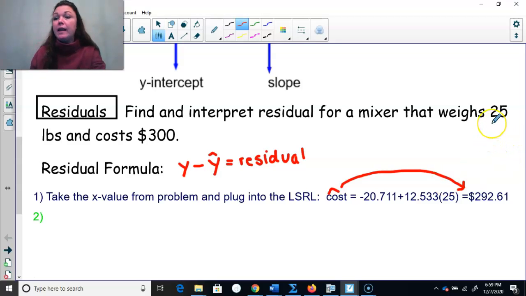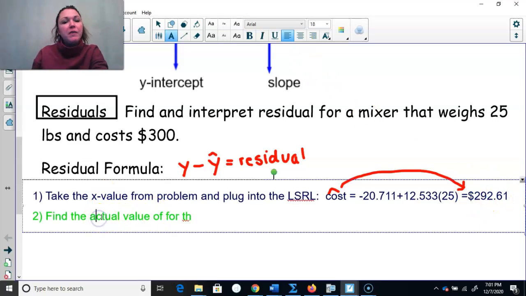We are predicting that if we found a mixer at a store and the price was missing, we are predicting based off our data and our model that mixer would be $292.61.